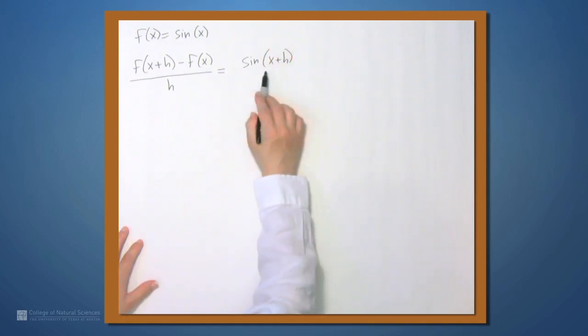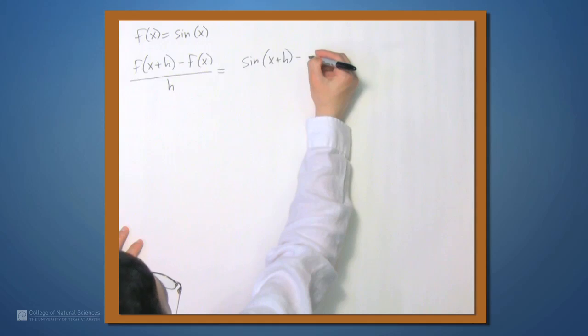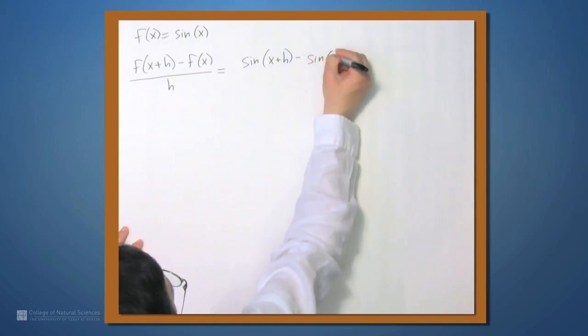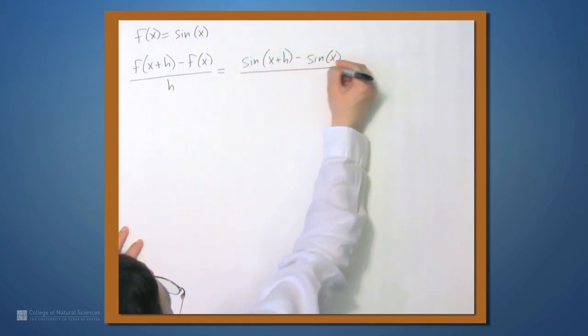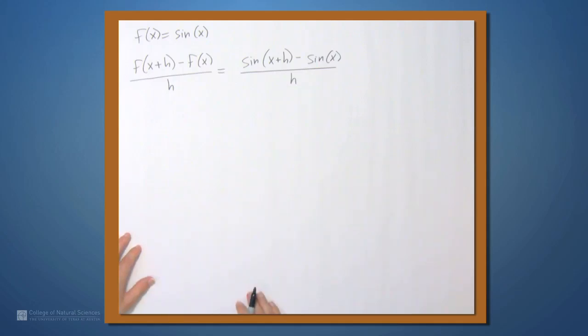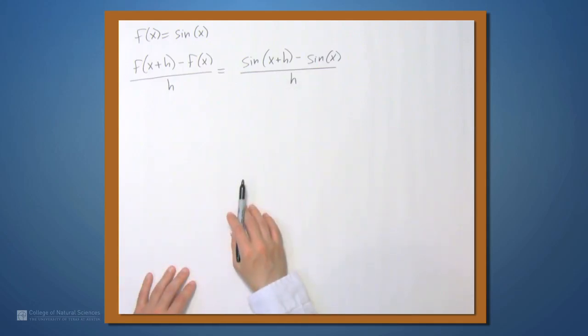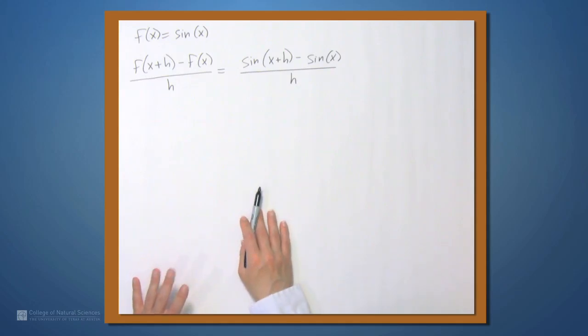Remember, x plus h is inside the sine, minus sine of x all over h. And so in one sense, we're done, right? We just found the difference quotient, but the real goal here is to find the difference quotient and simplify.